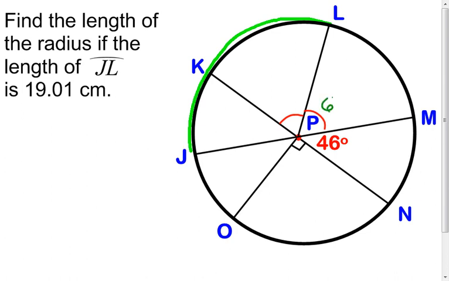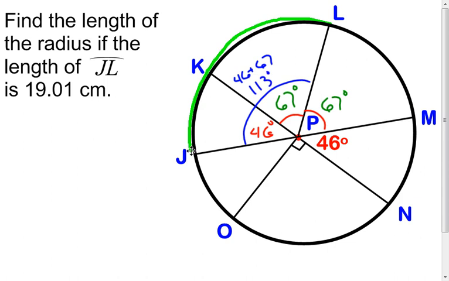I'd already calculated this is 67 degrees, this is 67 degrees. We had also said that this was a 46-degree angle here because of the vertical angles. So with that in mind, I know then the measure of this angle by taking my 46 and my 67 and adding them together and getting 113 degrees.